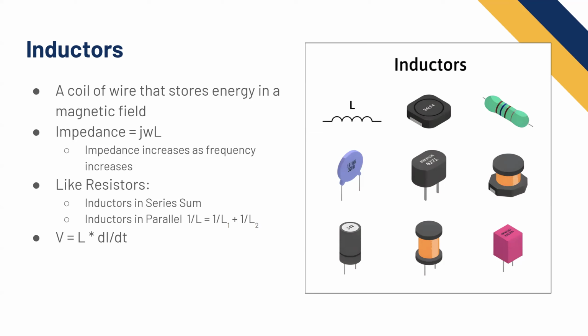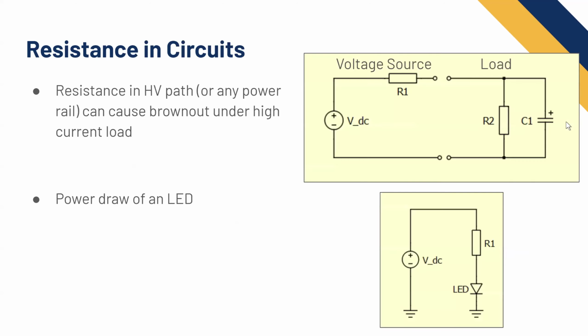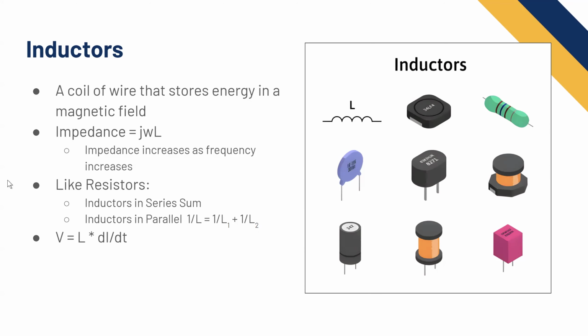And the important equation to know for the inductor is that the voltage across it is equal to its inductance times the change in current across it. These are very useful, as we will see in a couple slides. Does anybody have questions on inductors?